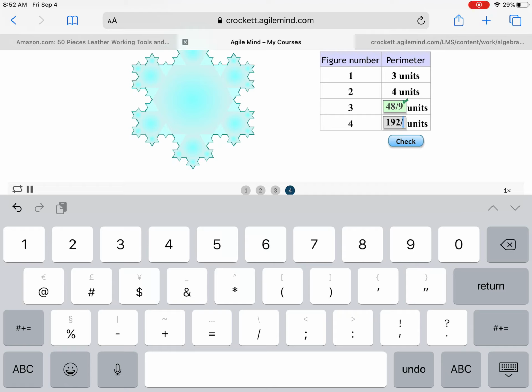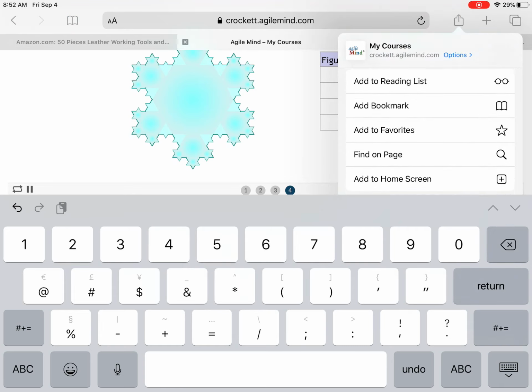Okay, so now my thirds. I have a third, I have a third, and I have a third. So 1 times 1 times 1 is just 1 on top. But on the bottom, I have 3 times 3 times 3, which is 27.